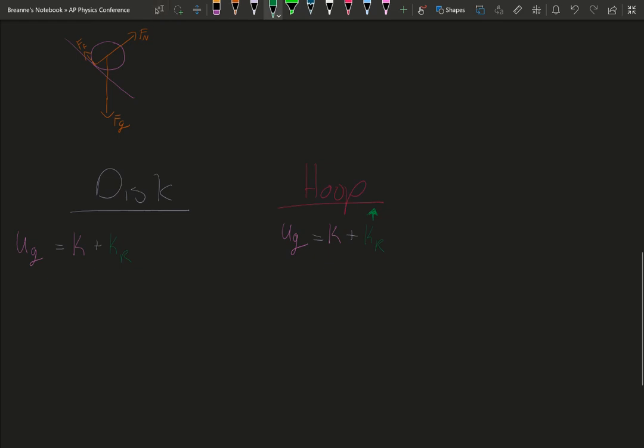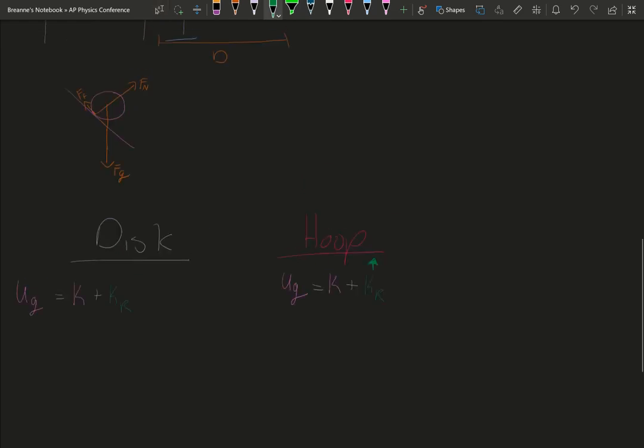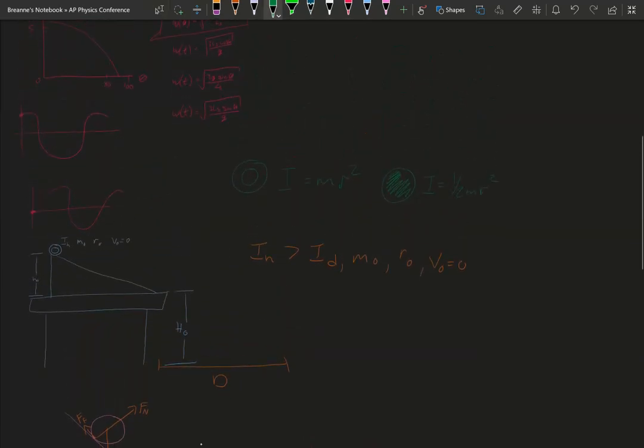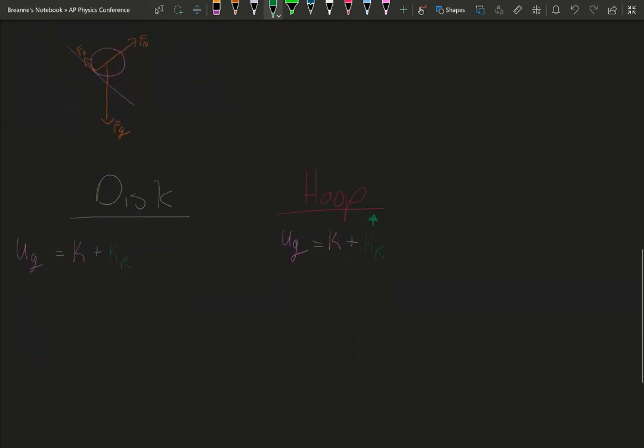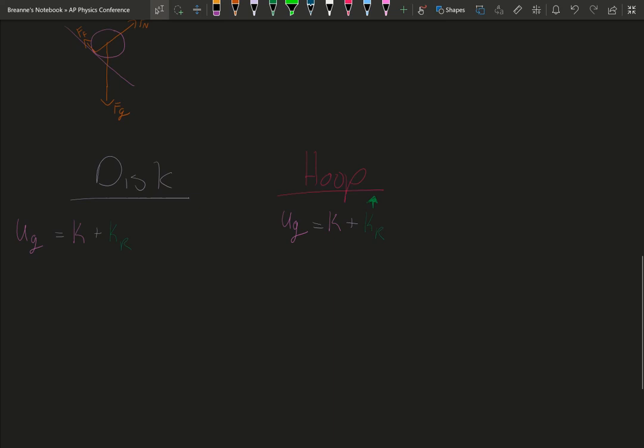So your hoop is going to have a greater rotational kinetic energy, and it's because of this moment of inertia. Your hoop is just mr squared. Your disk is 1/2 mr squared, so it's half that. So since more of the hoop's energy is going to get transferred to rotation, that means that your translational kinetic energy is going to be less than your disk.